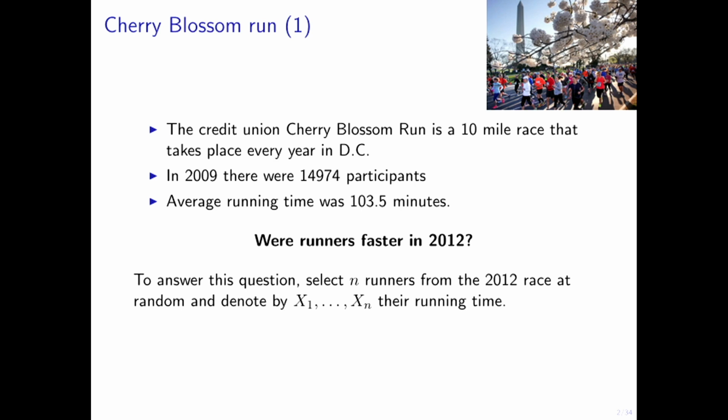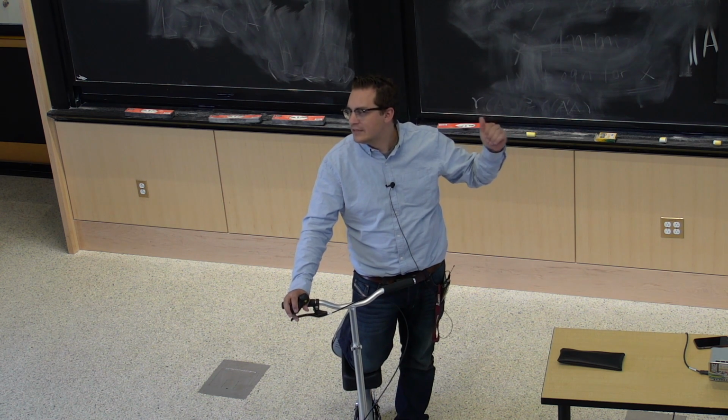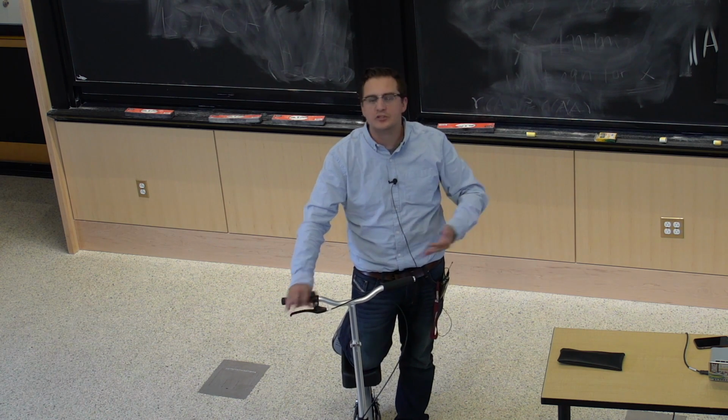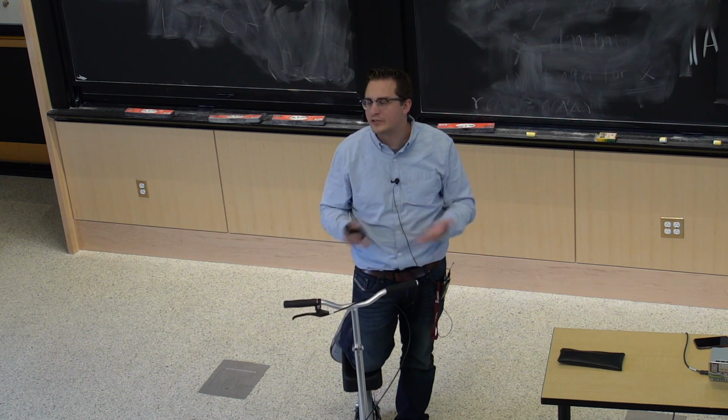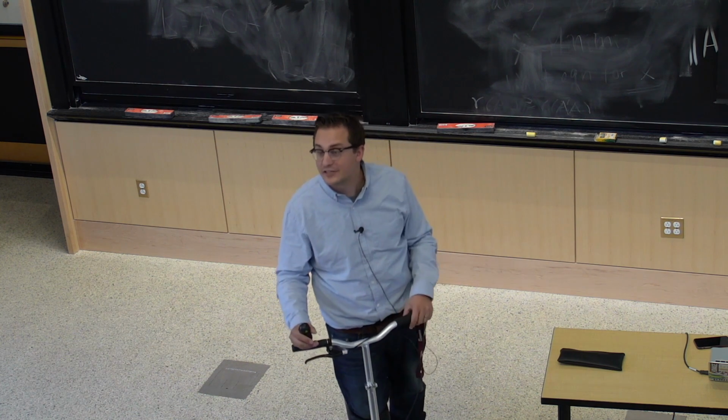And so you can ask the following question. This is actual data: 103.5 is the average running time for all 15,000. Now, this in practice might not be very suitable, and you might want to just sample a few runners and try to understand how they're behaving every year without having to collect the entire data set.